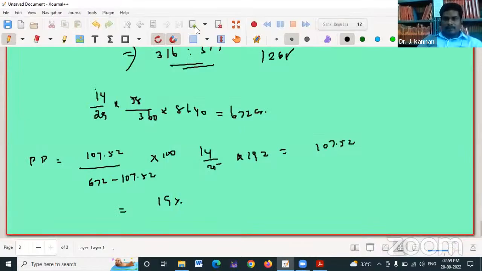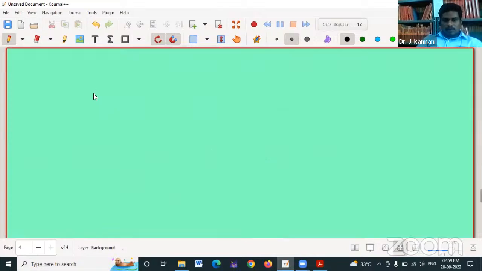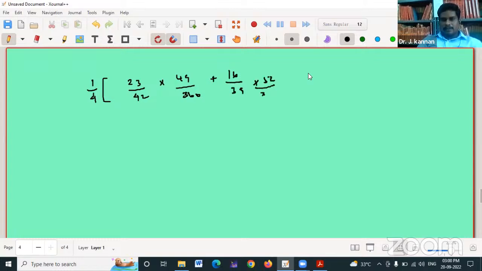So start with the first page. Average means 1/4 of, in company X, 42 over 42 into degree 40 in degree overall 360, plus 16 overall 39 into 52 divided by 360, plus 17 overall 42 into 56 degree overall 360, plus 15 divided by 29 into 58 divided by 360.